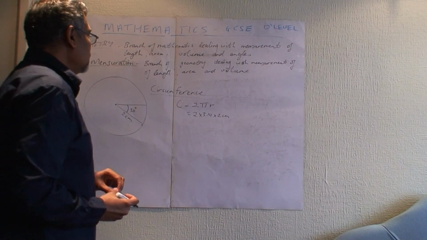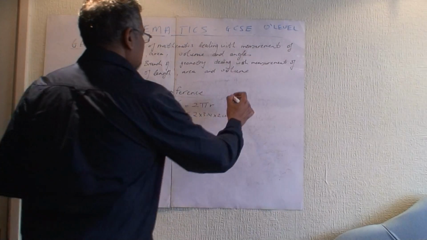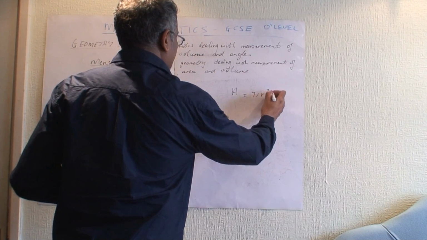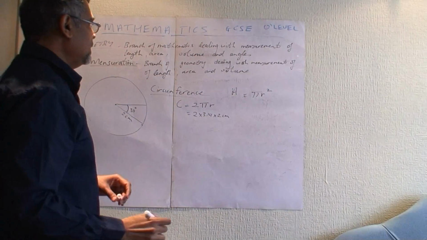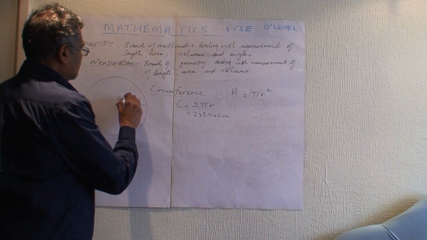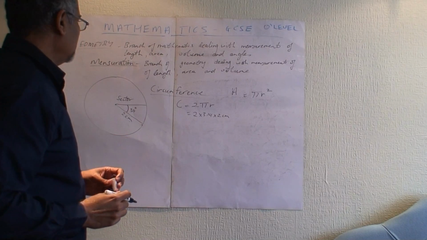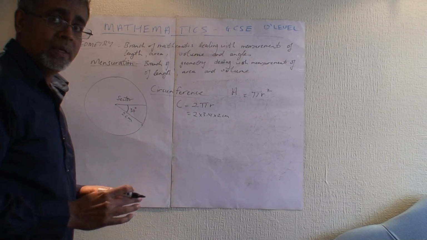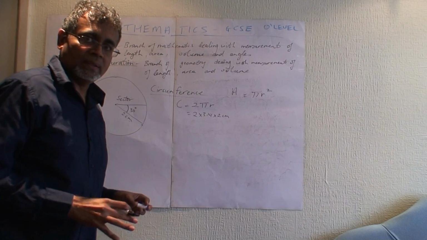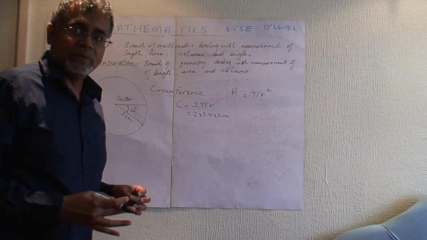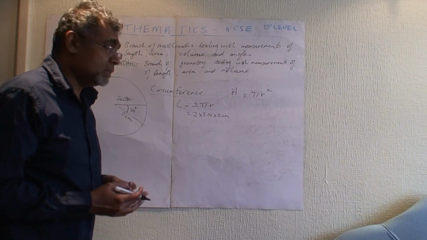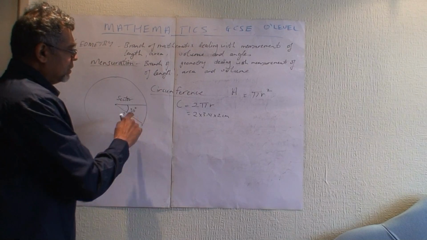What we know, the area of a circle is pi r squared, but the area of a sector is a sector. We know the full angle in the circle is 360. We dealt with that earlier on. We know that it is 360, but we have 30.